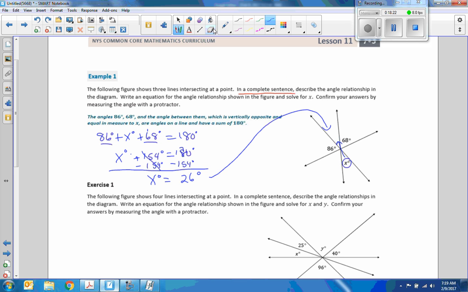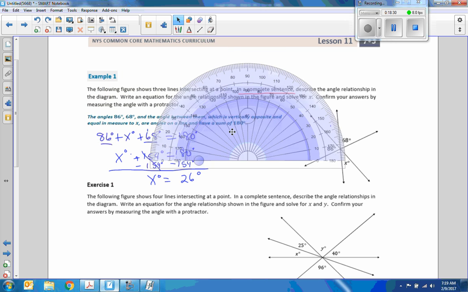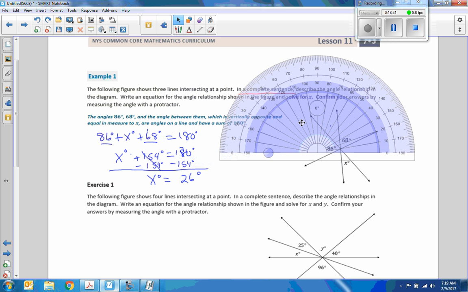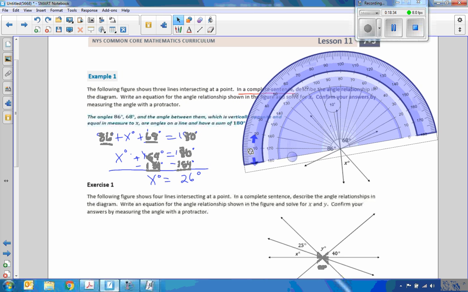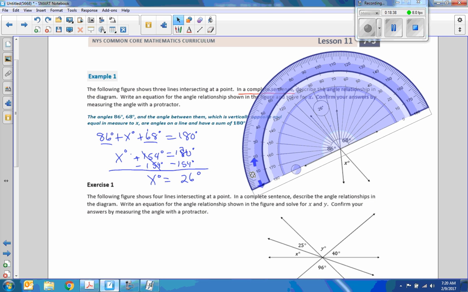Okay. So now I need to check with a protractor again. So I bring my protractor over, set it on the vertex, rotate it so I'm on this straight line right here. Okay.